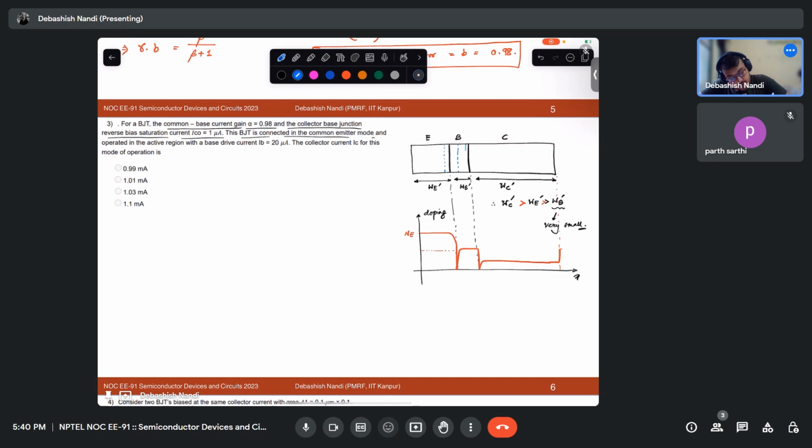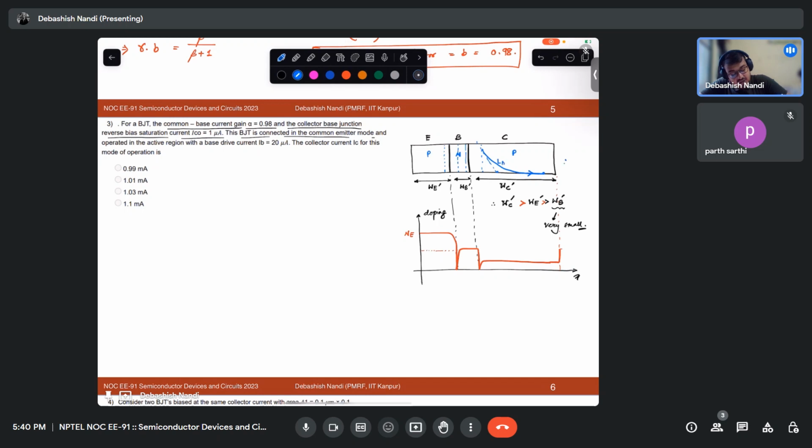If your excess carriers are to be here, you want your entire thing to get diffused. Okay. So let's say this is your diffusion length. Let's say it is a PNP transistor. So it is your diffusion length Ln.